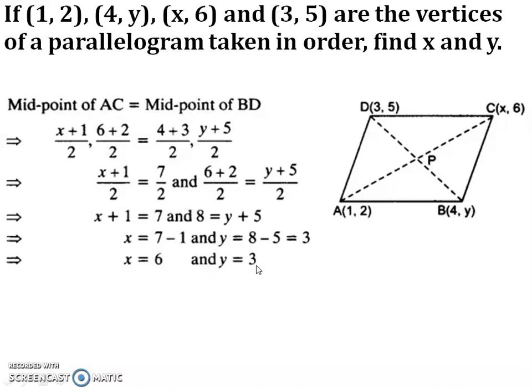So, what is the value of x and y? The value of x is equal to 6 and y is equal to 3. Students, in this question, the unwritten property which you are using here is the diagonals of a parallelogram bisect each other. That means midpoint of AC is equal to midpoint of BD. We'll go to the 7th question.